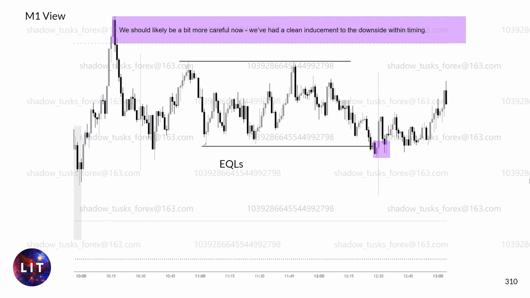The ideal scenario is, imagine we left these equal lows. So let's say this price action doesn't exist. We left these equal lows. We then trade higher into this mitigation. Then this mitigation is good. But in our case, we have induced to the downside, taken liquidity. So this mitigation is not the best.